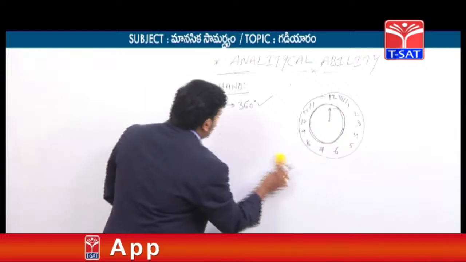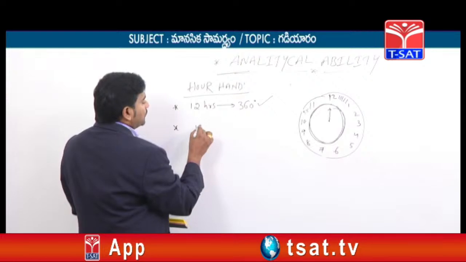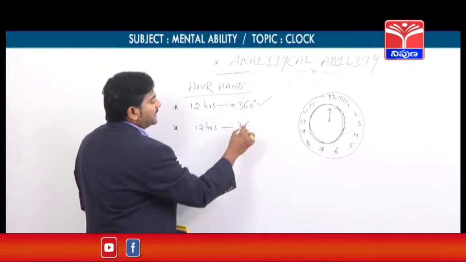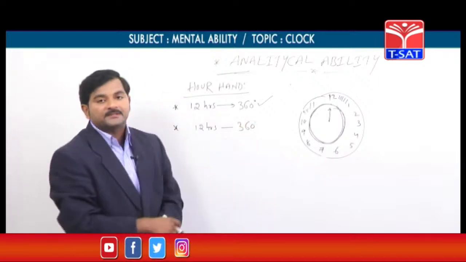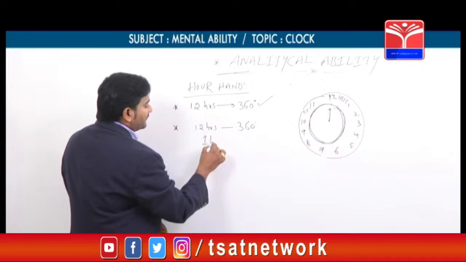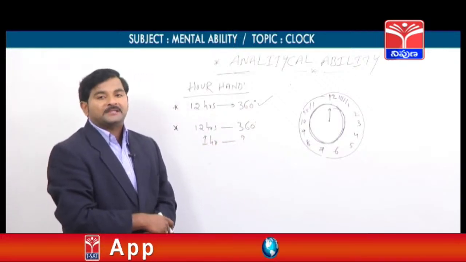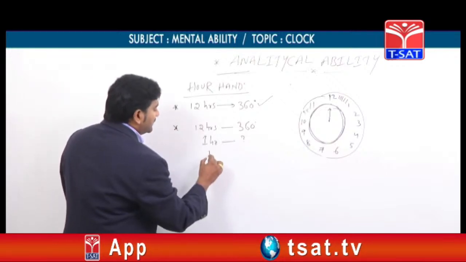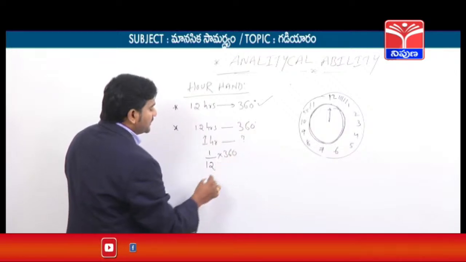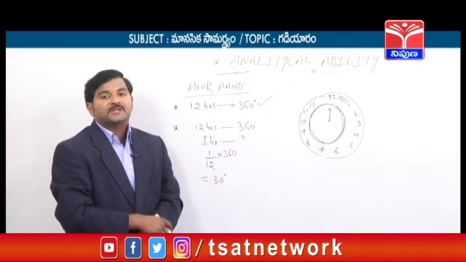Now the second point. In the span of 12 hours, the hour's hand makes 360 degrees. For example, 12 hours is 360 degrees, then for 1 hour how much? If you do a small mathematical calculation, what do we get, my dear students? 1 by 12 into 360, which equals 30 degrees.